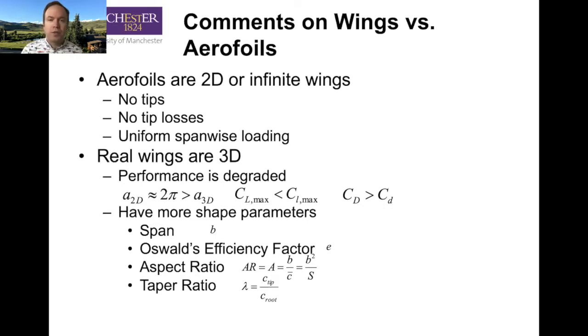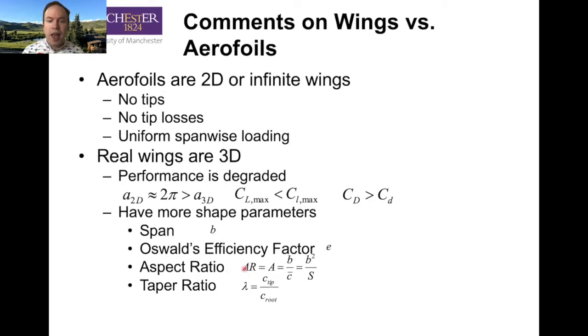Everything gets worse. We also add a couple more shape parameters where before we talked about chord and mean camber line and our other geometric envelope. We now have our span, which we represent as B, our Oswald's efficiency factor, or E, and that's a function of how close to the ideal span-wise lift distribution we have.